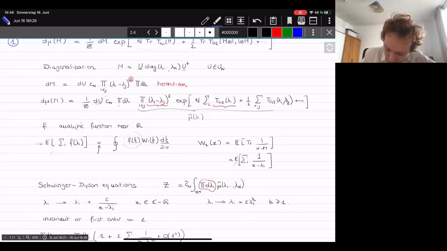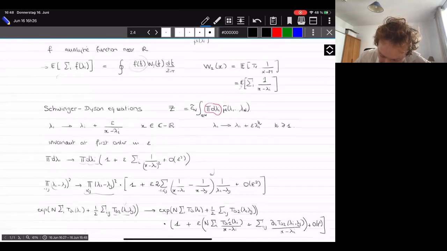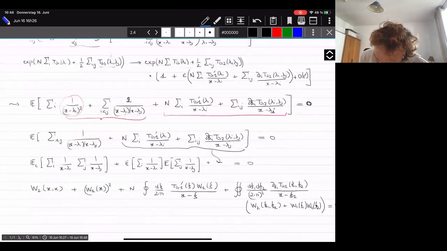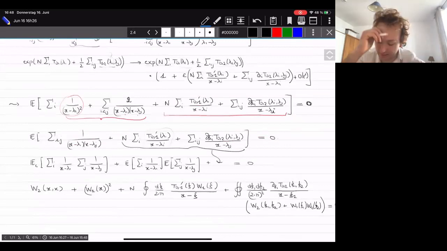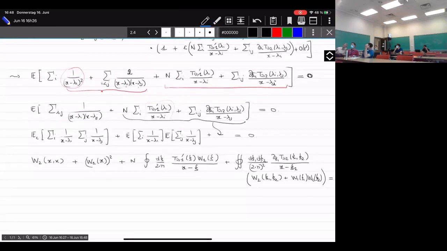But if I look at this formula, I just see the expectation value of the sum over I of f of lambda I. And that is a contour integral involving the W1. And the f is in front. So I just take my f. In this case, f as a function of lambda I is T01 prime lambda I divided by x minus lambda I. Oh, okay, I see. So there are two things in the denominator. Okay, great. Thanks.